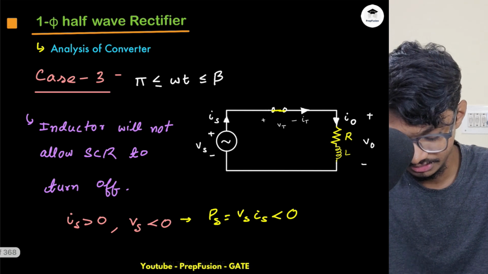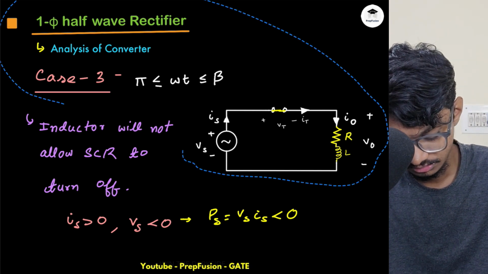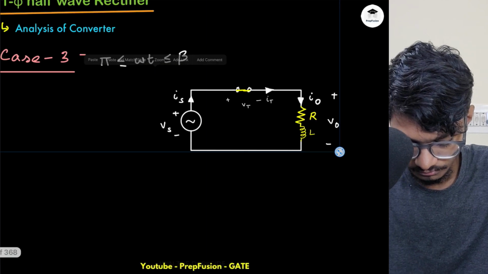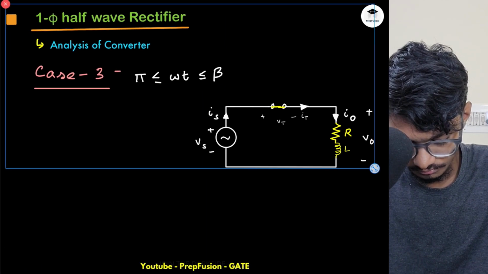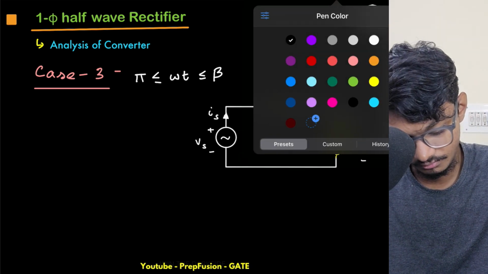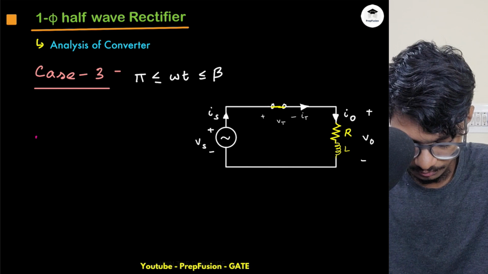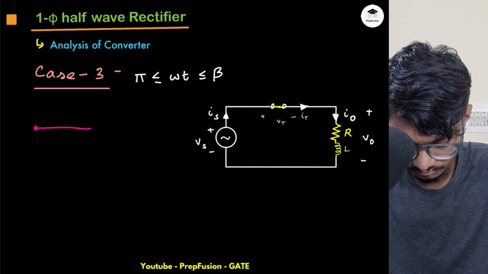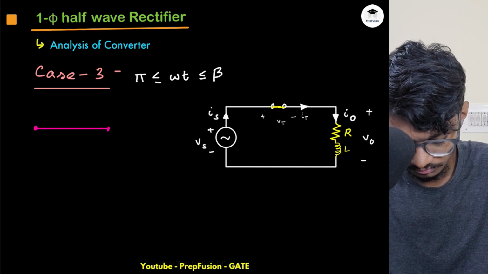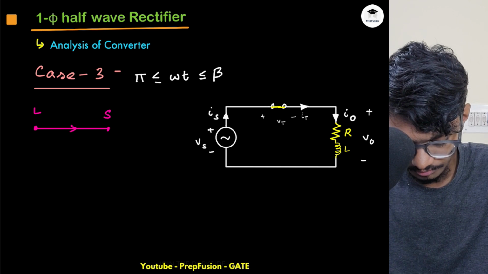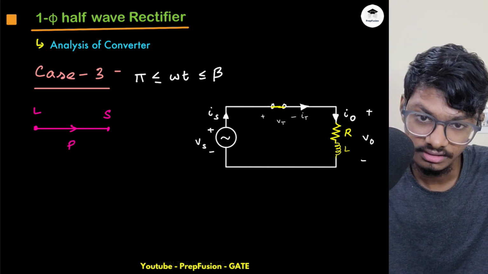That means what? That means flow of power. Like if I just copy this in the next page, that means power is flowing from load to source. So this is the flow of power.